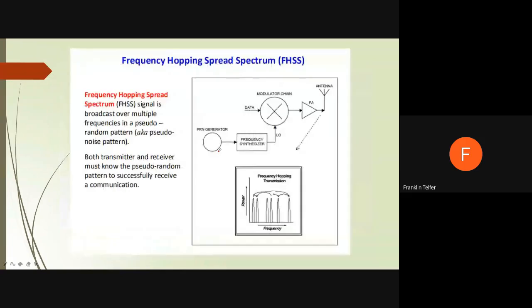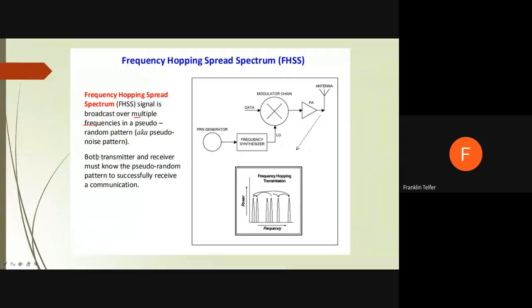Frequency hopping spectrum. You can see the synthesizer; the baseband signal is broadcast over multiple frequencies in a pseudo random pattern.